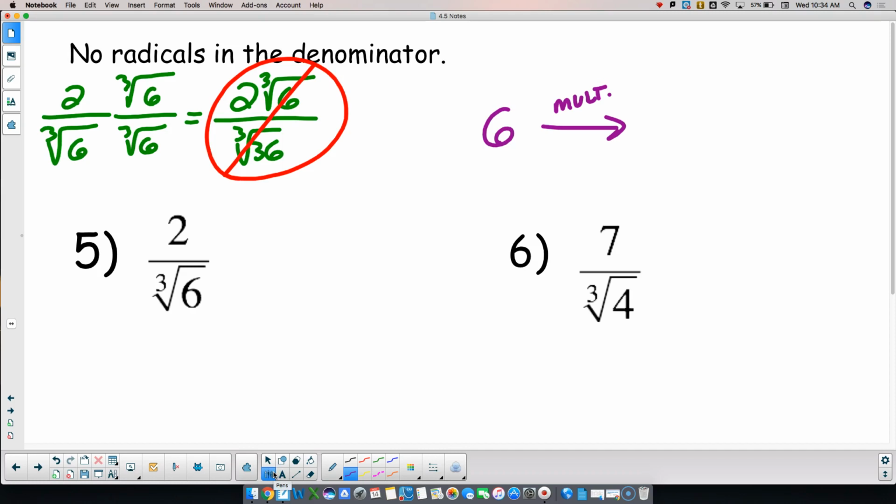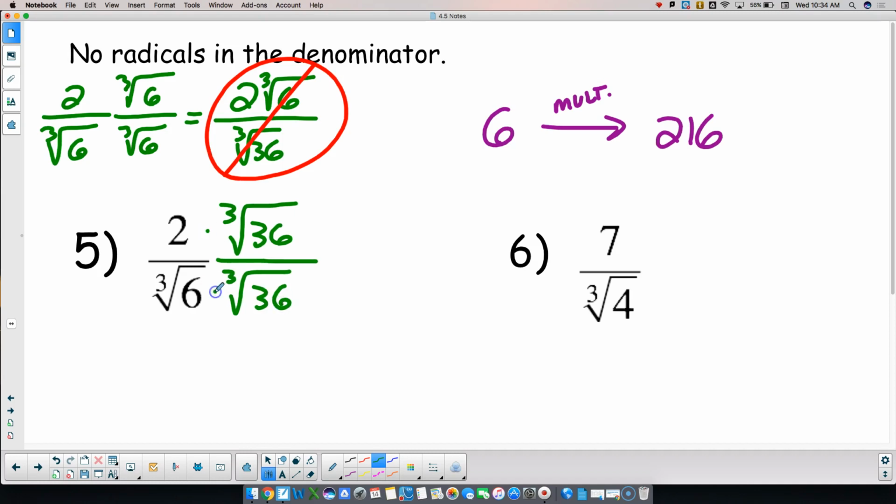Well, it doesn't go into 1, doesn't go into 8, doesn't go into 27. I got to get it all the way to 216, because that's the next biggest perfect cube that it goes into, right? So 6 times what gets me to 216? 36. So here, I'm going to multiply by the cube root of 36 over the cube root of 36.